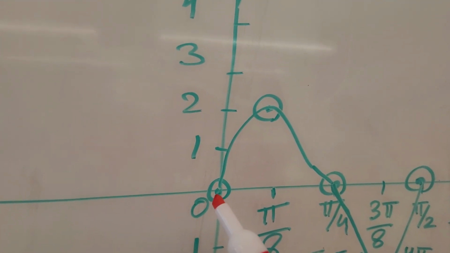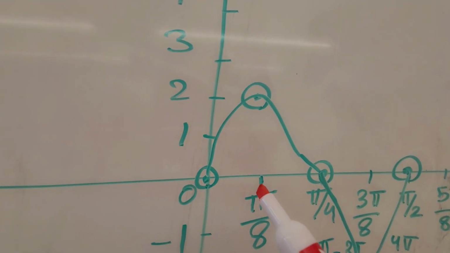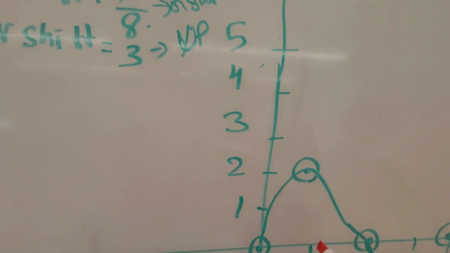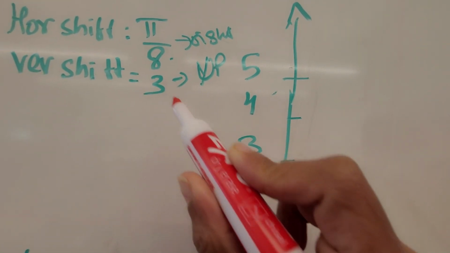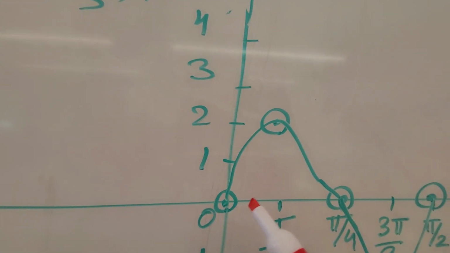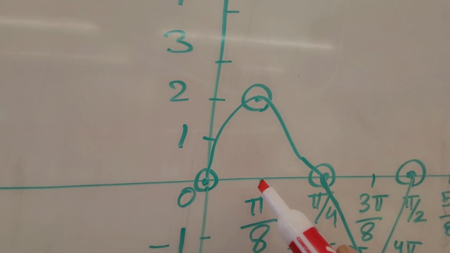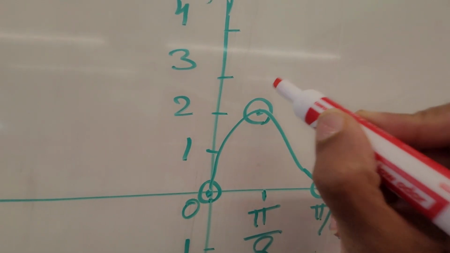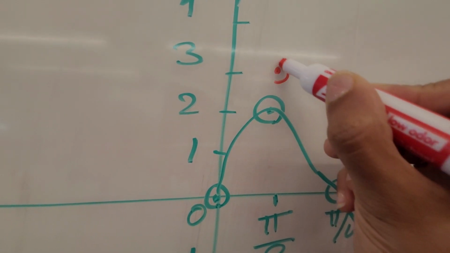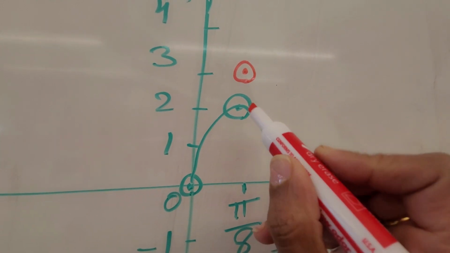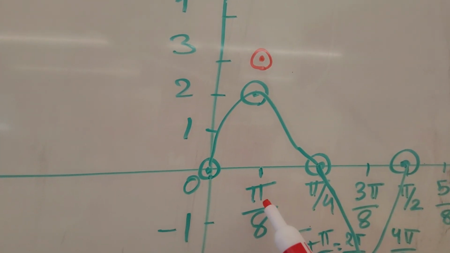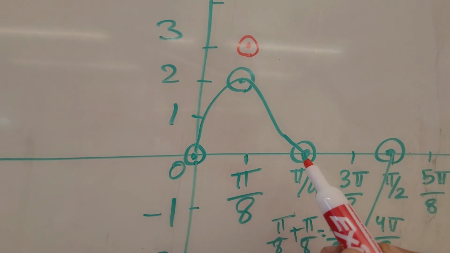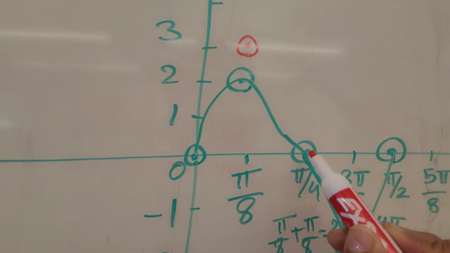So I have my first point at 0, and pi by 8 to the right takes me over here, and I need to apply my vertical shift 3 units up. So pi by 8 to the right, it is on 0, and 3 units up is 1, 2, and my point becomes here. This is my second point at pi by 8. I need to move it to the right pi by 8 units, so it comes to pi by 4.